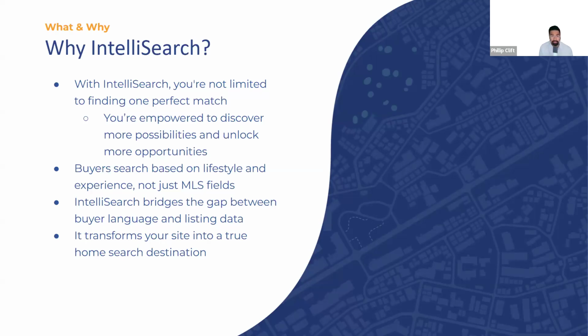And this is really where we want to allow Sierra clients to meet their site visitors where they are. Part of how we do that is meeting their search expectations, right?